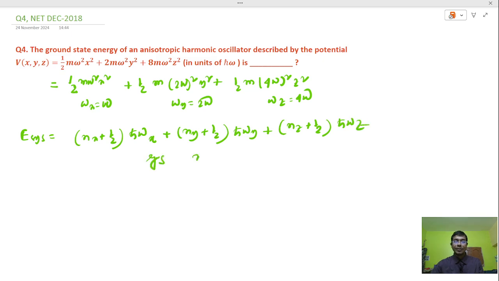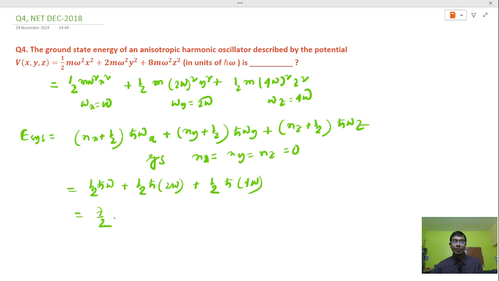For the ground state, nx, ny, nz would be 0 and it would become half h cross omega, half h cross 2 omega, half h cross 4 omega, and after that 7 by 2 h cross omega. 7 by 2 h cross omega, this would be the answer.